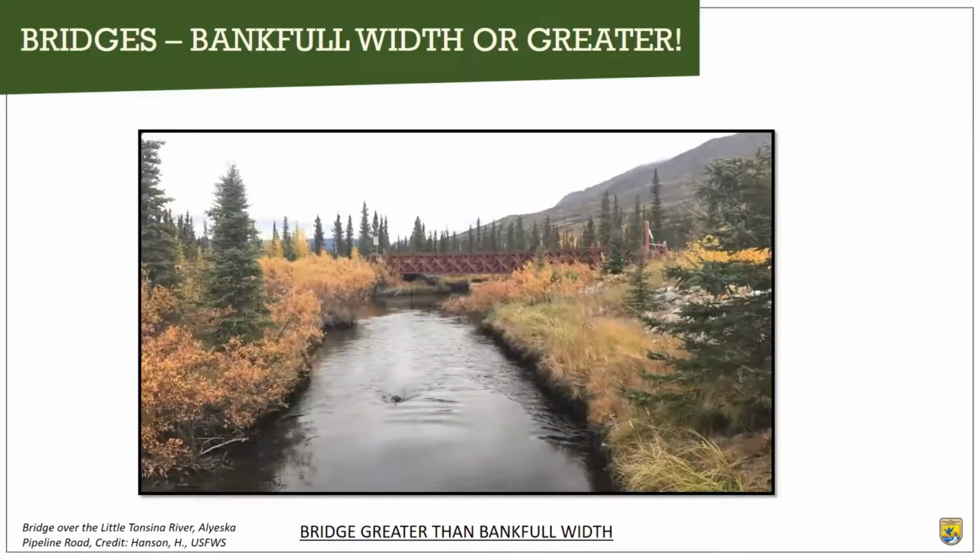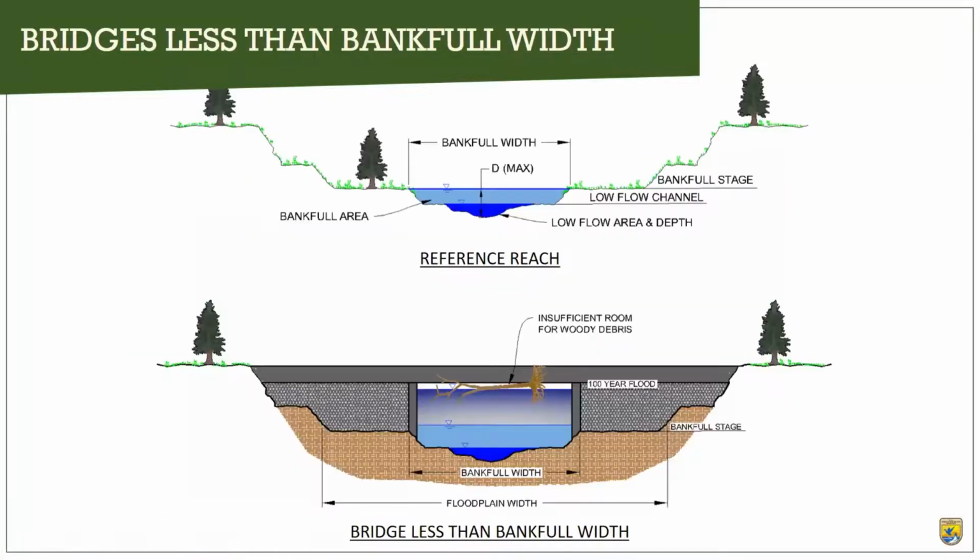And here's an example of a bridge that is greater than bankfull width along the Alaska Pipeline Road. And you can see that we've got some bankfull benches. This isn't the best angle, but bridges can also be installed, and we see this all the time, that are less than bankfull width.